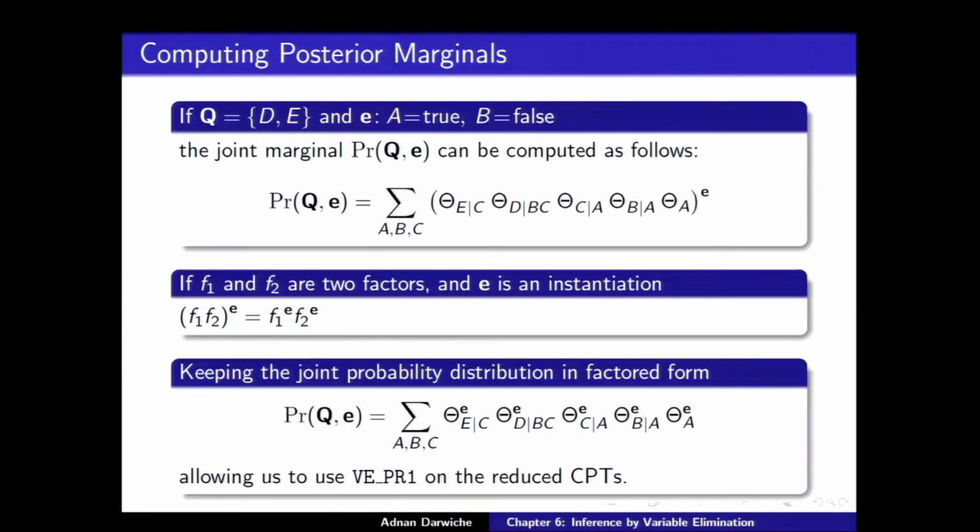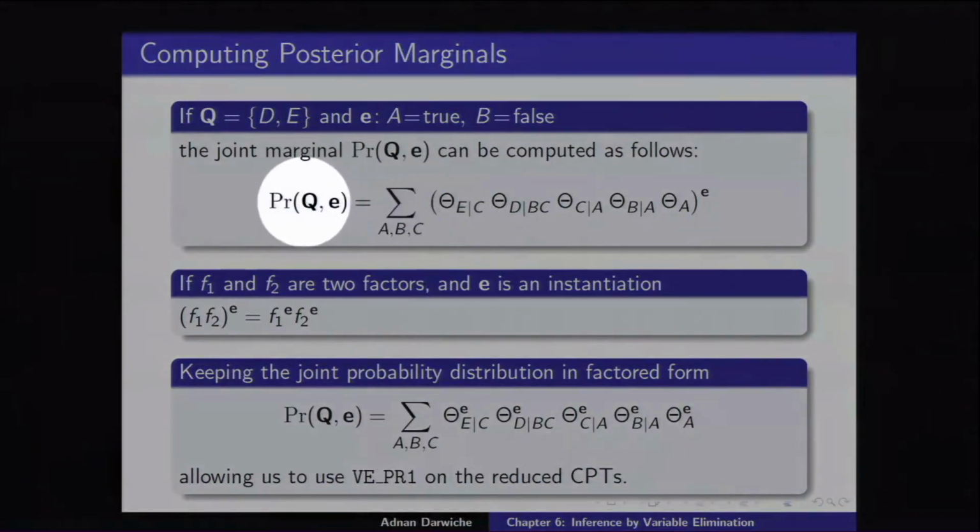All right, here's the key thing. Look at the first equation. We've seen this when we did marginals. Now I'm telling you, I want to compute the joint marginal over variables Q and the evidence E. Just like before, I want to eliminate the variables A, B, C, which are the variables other than Q, but I do it on the joint after reducing it by the evidence.